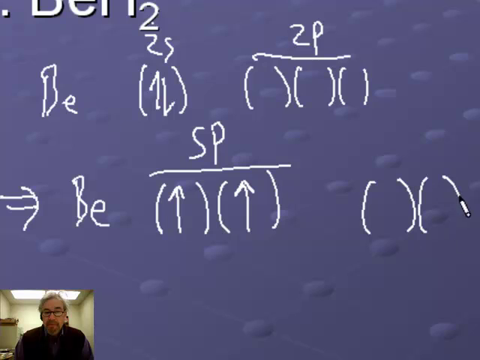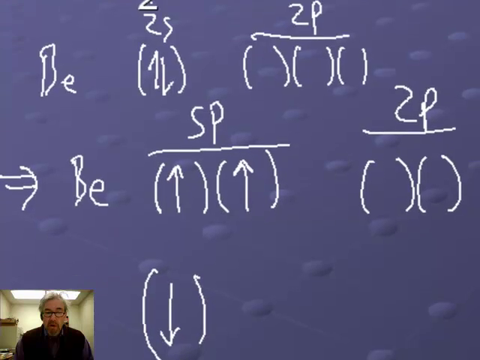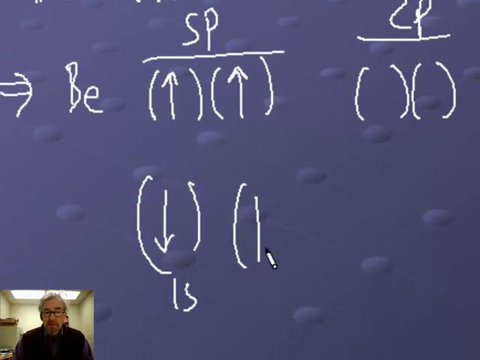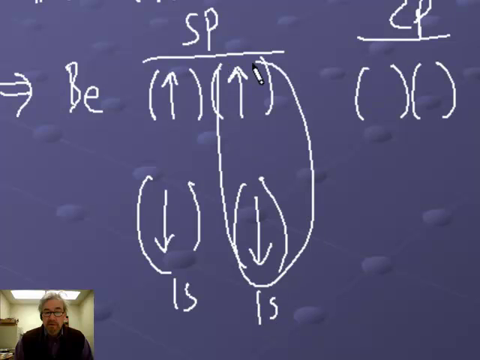That still leaves me with 2 unhybridized p orbitals, but they don't have anything in them. So now we can have a BeH2 because the 1s orbital from one of the hydrogens and the 1s orbital from the second hydrogen can overlap there, and we have a linear molecule.